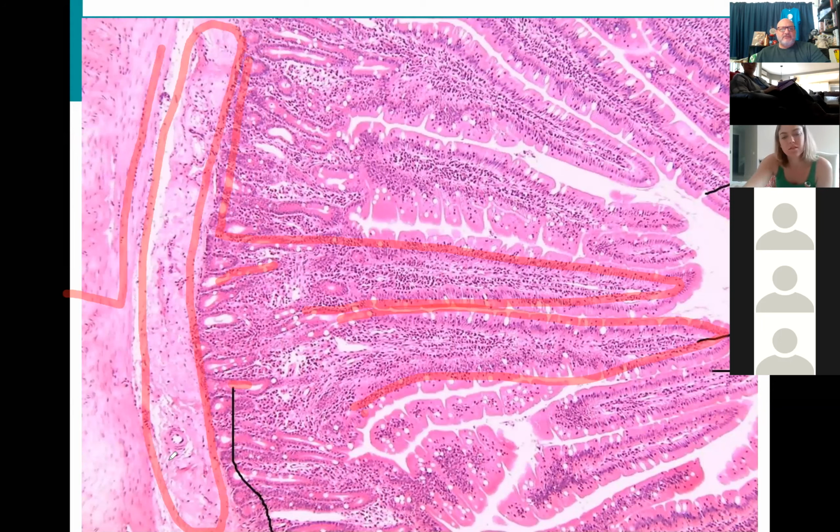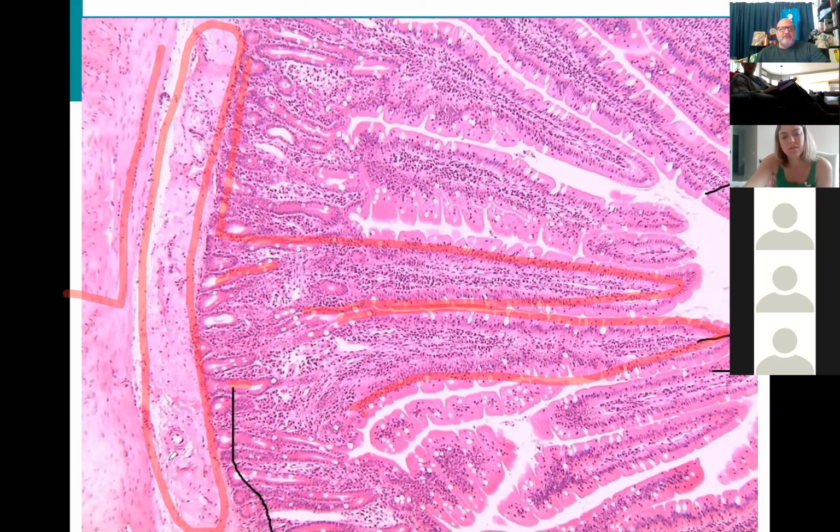Do I see Peyer's patches? No. So if I see neither, what part of the small intestine am I in? Jejunum. There you go. If you don't see Brunner's glands, you're not in the duodenum. If you don't see Peyer's patches, you're not in the ileum. So if you're not in the ileum and you're not in the duodenum, you must be in the jejunum.